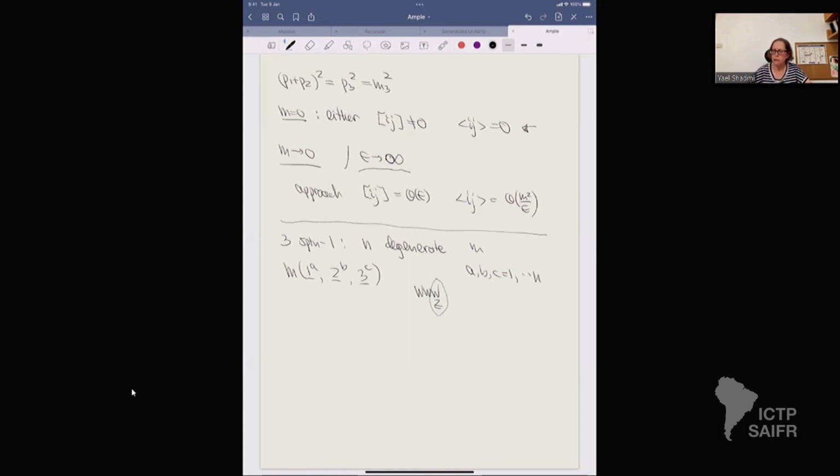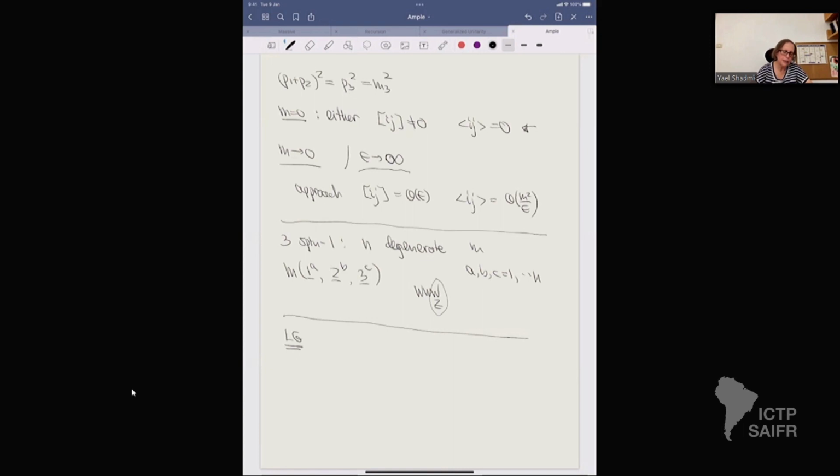So the first thing to observe here is, what do I need in order to construct this amplitude? Again, the thing that I'm starting from is the little group. I want to see how the amplitude transforms under the little group.